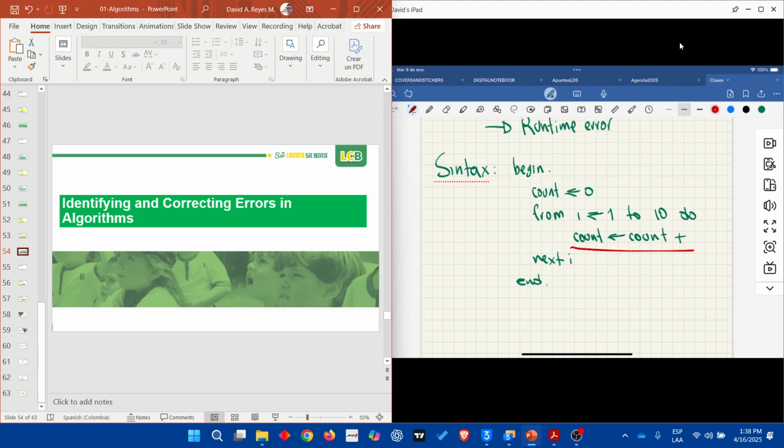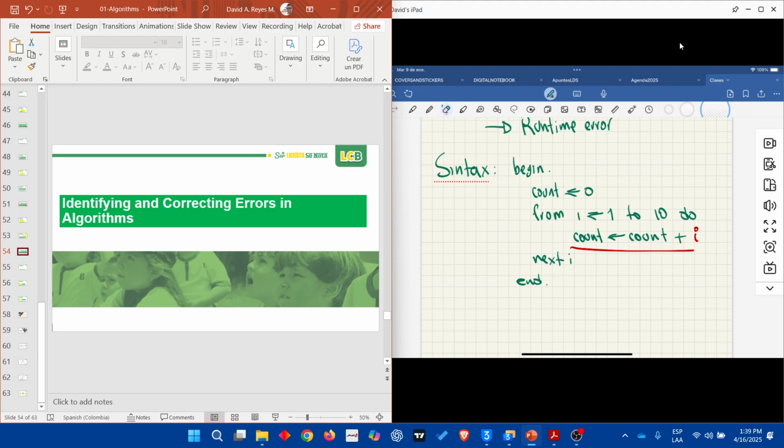Why? Because the algorithm was not written properly. Here we are missing something, e, for example. Now the line is completed, so we have solved the syntax error. But now we have a logical error. Why? Because I told you, this algorithm needs to show a counting, and it's not showing anything.